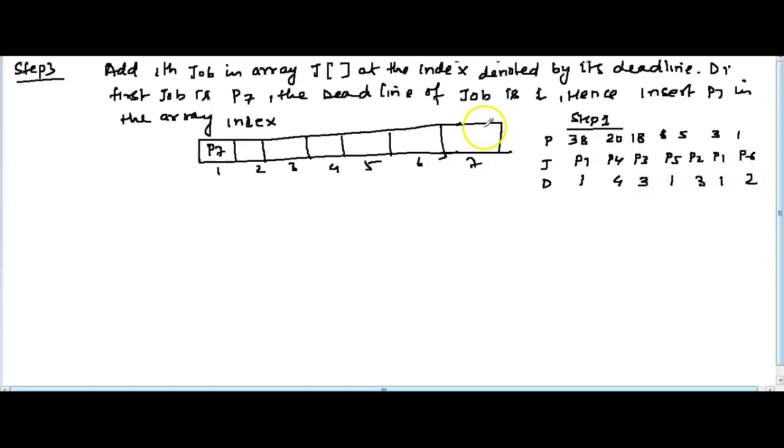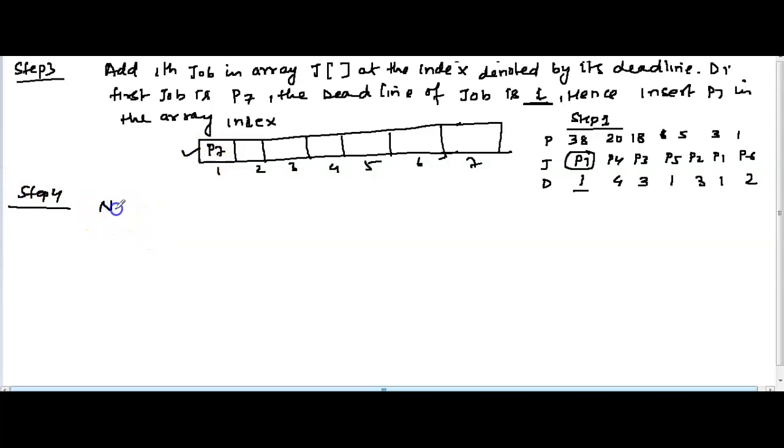So in the first one, the job is P7, so I added P7 in the first index. And the deadline is 1. Hence insert P7 in the index array. You will come to know with steps 4 and 5.